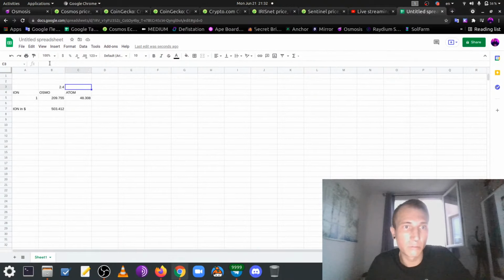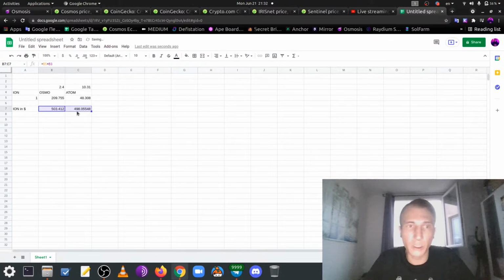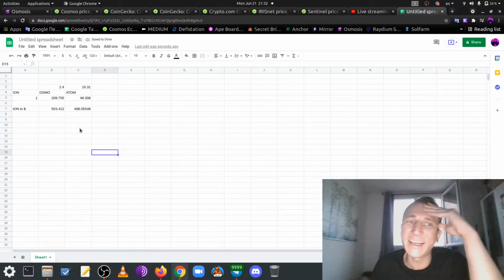Nice. And here is my control enter, and we see that by the prices and amount, Ion costs a little bit over $5.